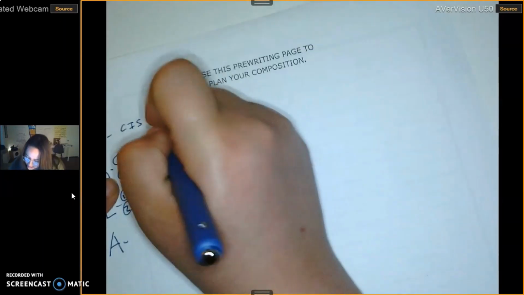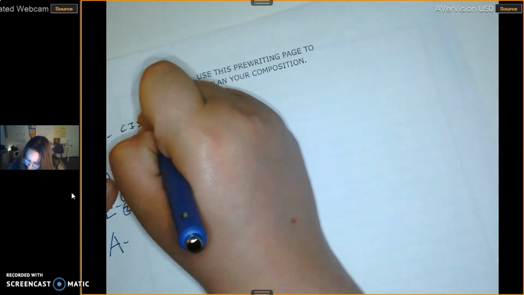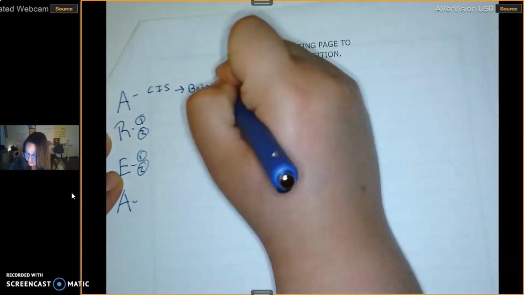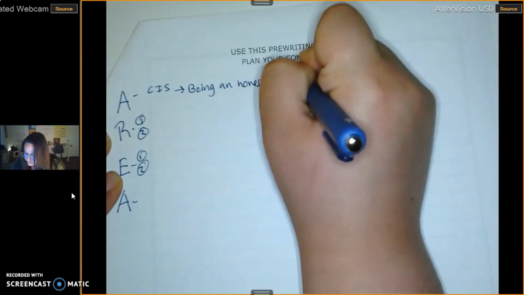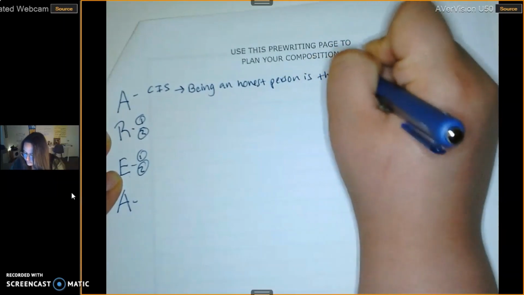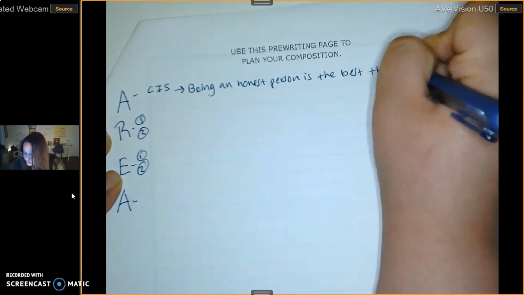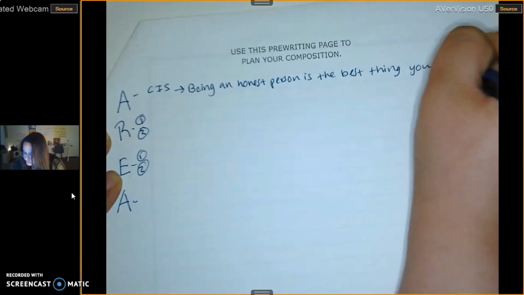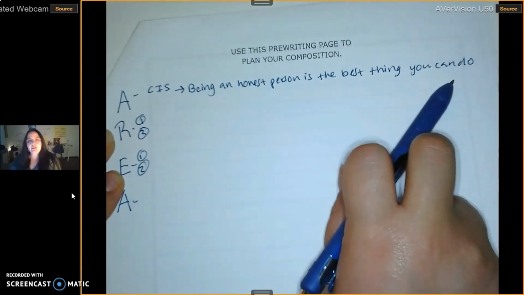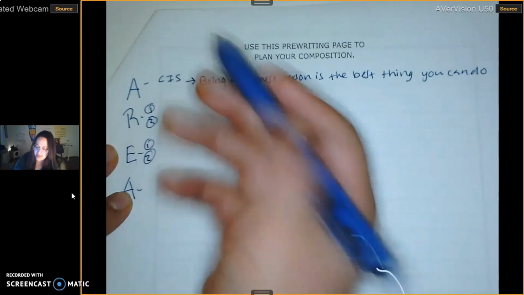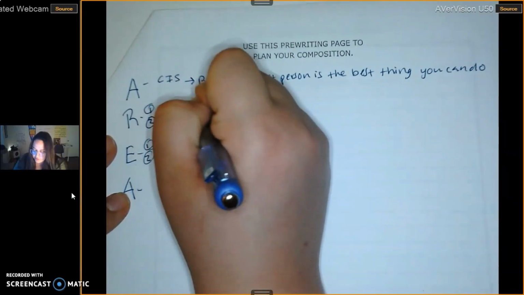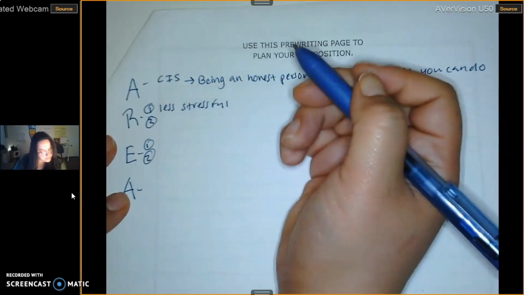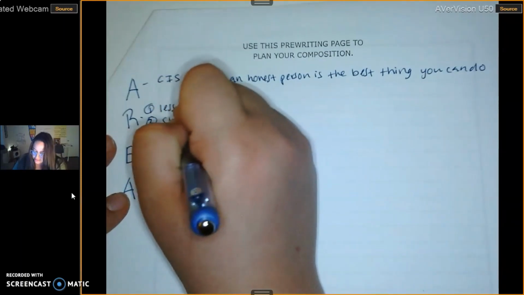So I'm going to go ahead and write that out. I'm going to stop it right here though, because I'm about to mention my 2 reasons. And my reason number 1 was it's less stressful and shows who you are.